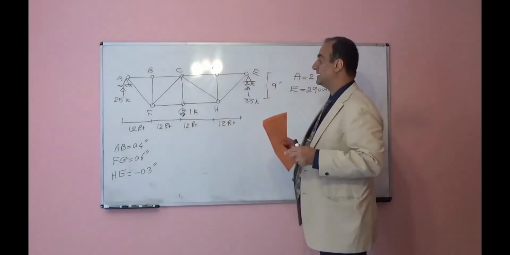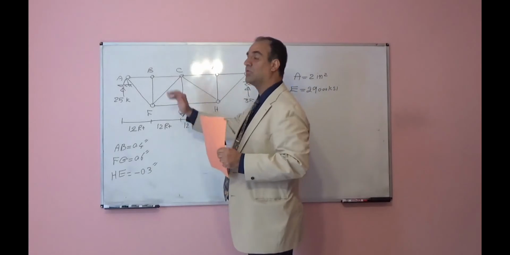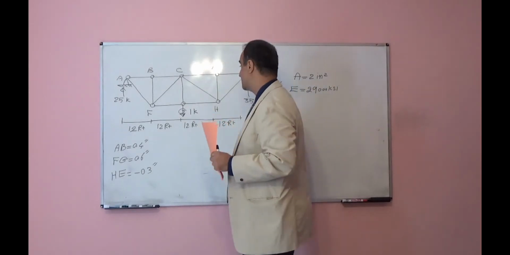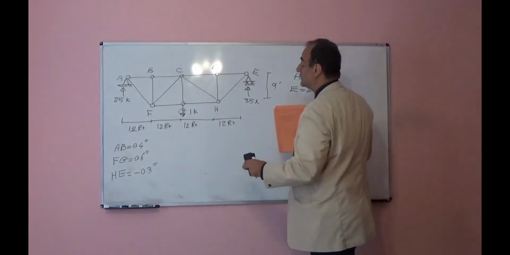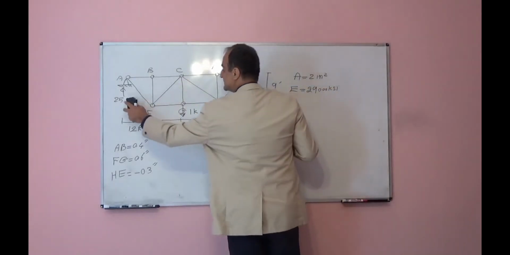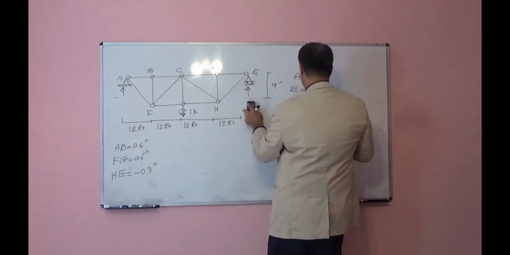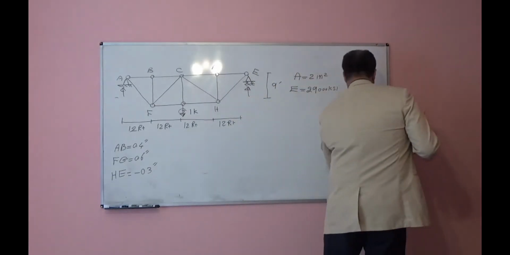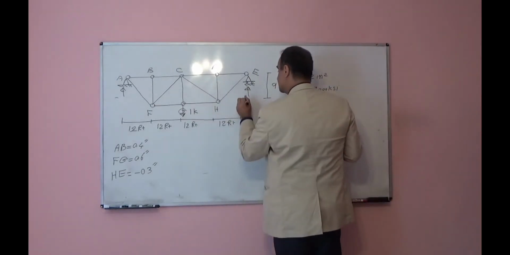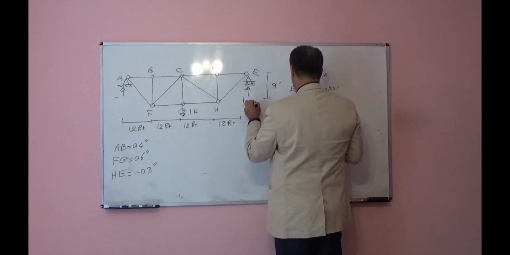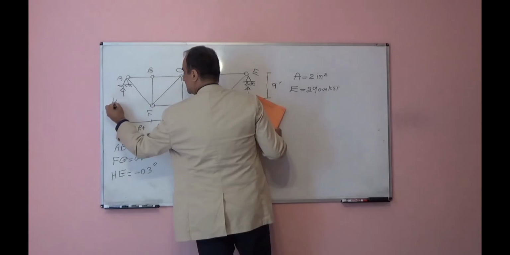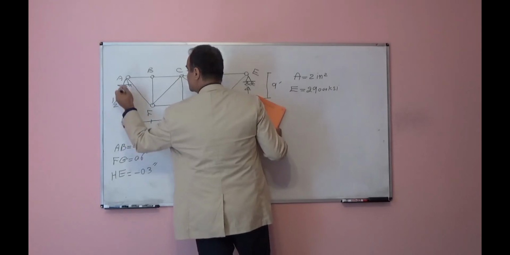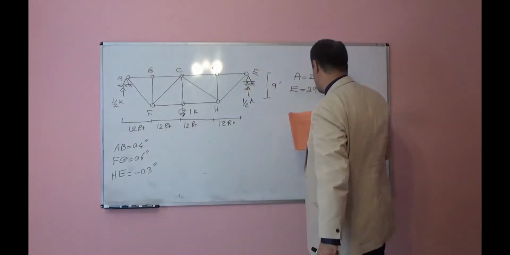Again you will find internal forces in all members using the joint method. If you put 1 here, these are 1 over 2 kips, half kips, and you will find all internal forces.